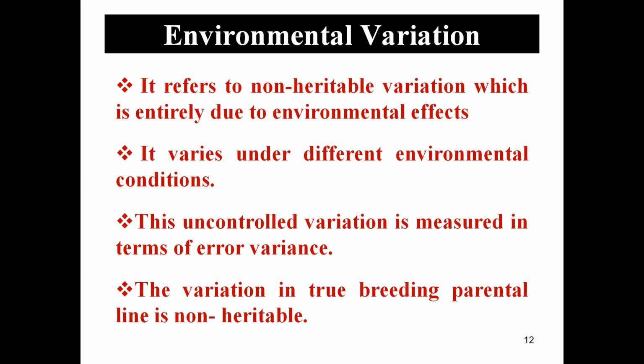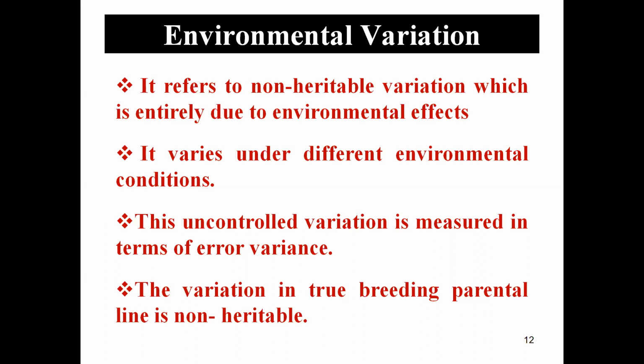Next is environmental variation. It refers to non-heritable variation, which is purely due to environmental effects. Any fluctuation in the environmental conditions will affect the phenotypic value, but it will be non-heritable. It varies under different environmental conditions.